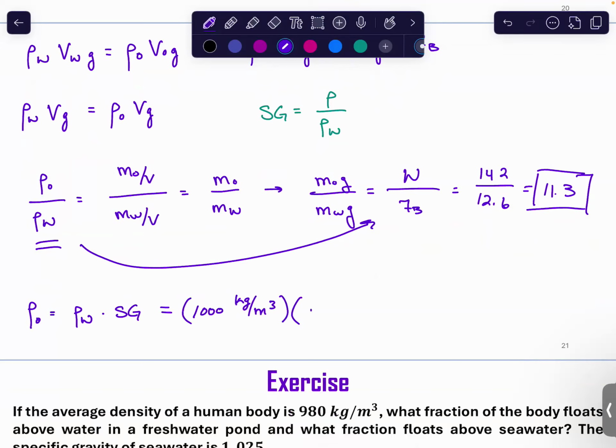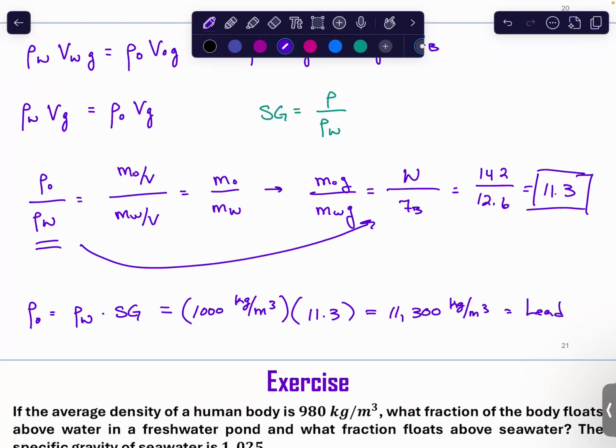The specific gravity is 11.3, so we get a density of 11,300 kilograms per cubic meter, which makes this material lead. Lead, Pb.